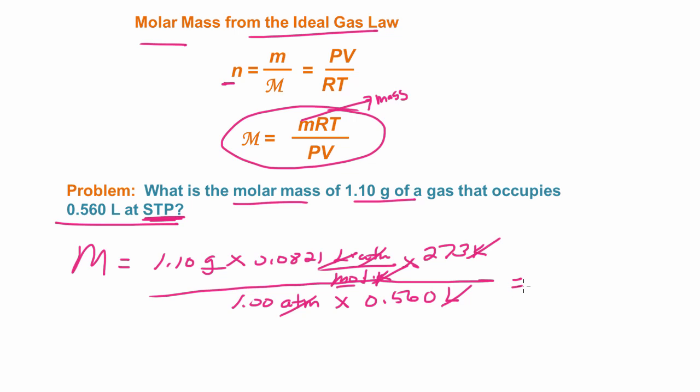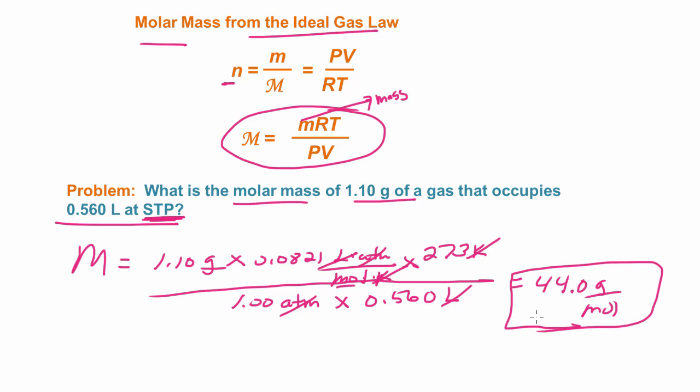And this works out to be 1.1 times 0.0821 times 273 divided by 0.56, and I get 44.0 grams per mole.